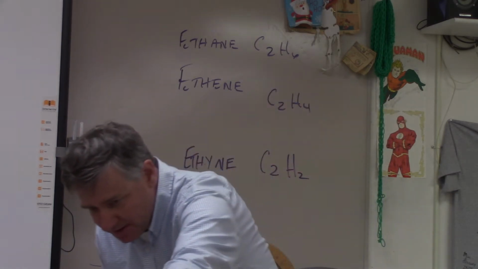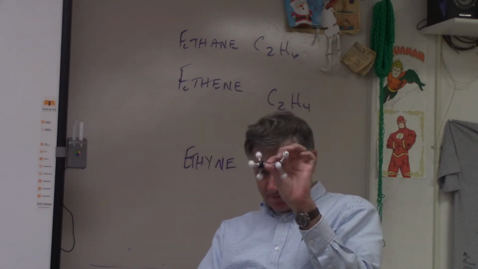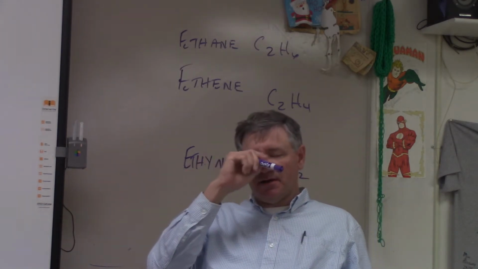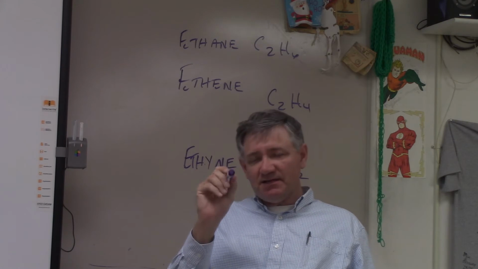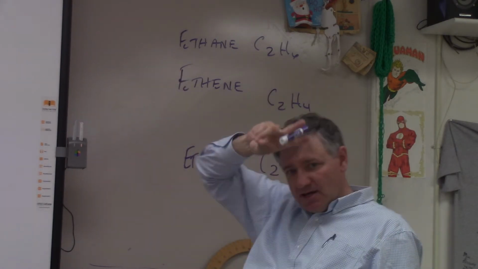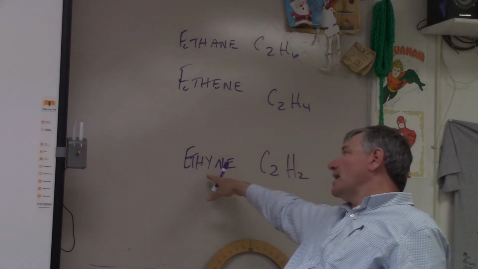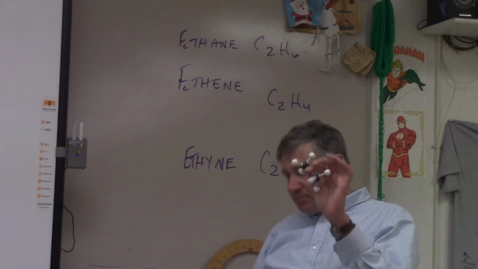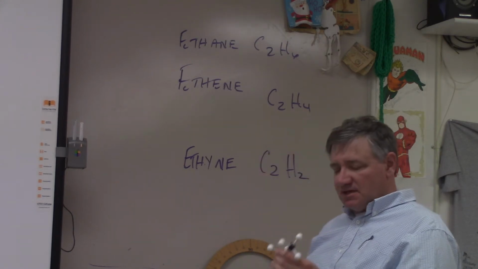So here I've got the molecular structure for ethane. And remember on your organic stuff, anes mean single bonds, enes mean double bonds, ines mean triple bonds, okay? So this is simple. You've got ethane, C2H6.